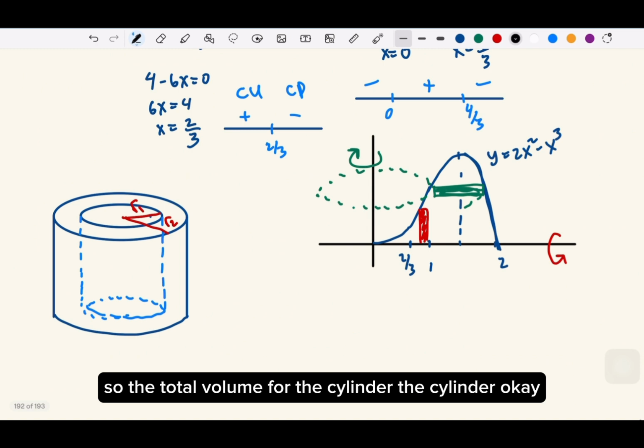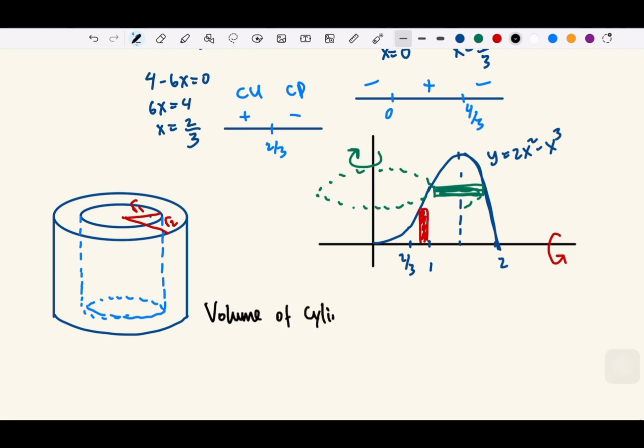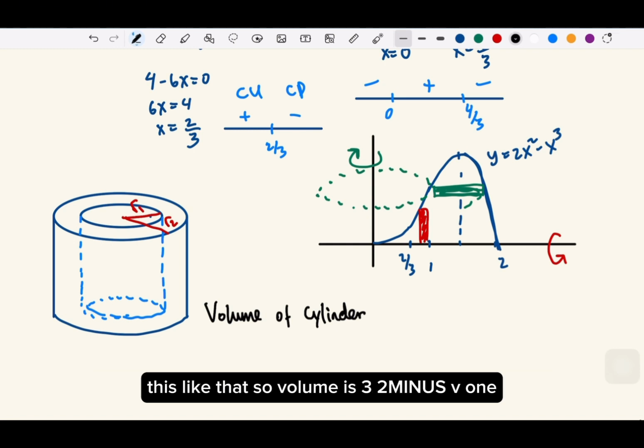So the total volume for the cylinder, okay? So volume of cylinder. So the inside is hollow, okay? Like a can. Okay? When you open a soda, it's like that. So volume is V2 minus V1.